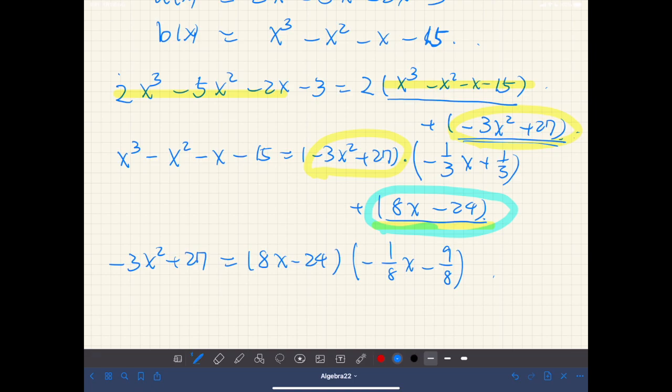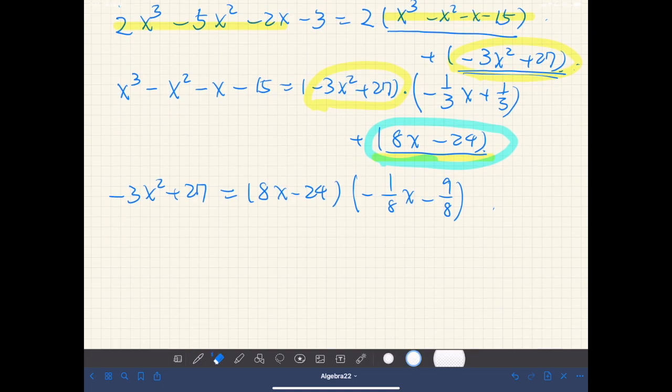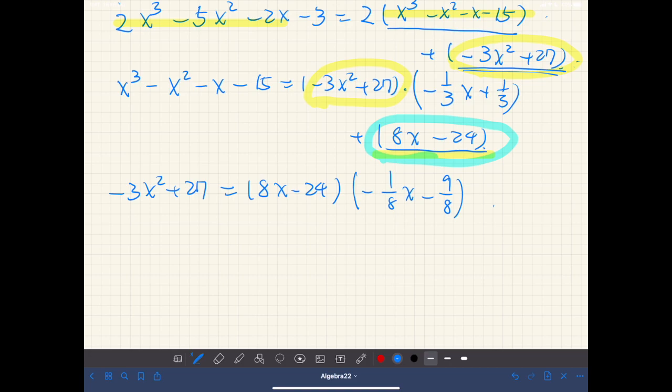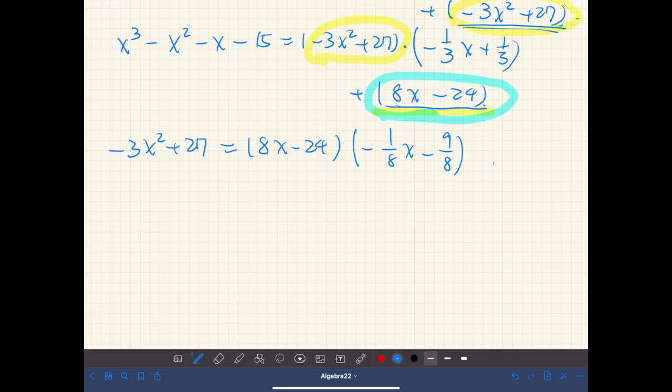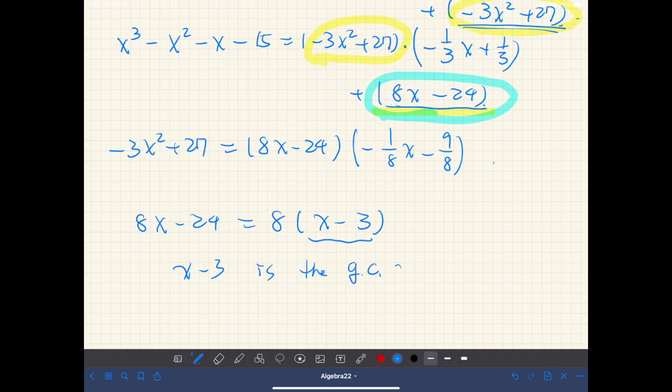So this is almost the greatest common divisor, but we need to make the coefficient of x be 1. 8x minus 24, so we factor out 8. So that will be 8 times x minus 3. So this one, x minus 3, is the greatest common divisor of a of x and b of x.